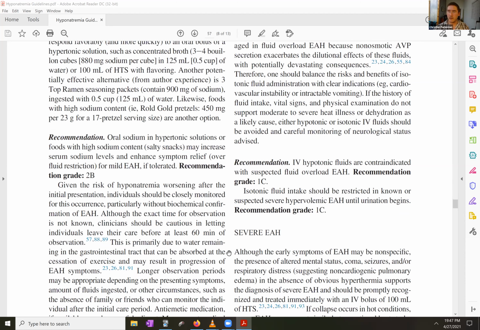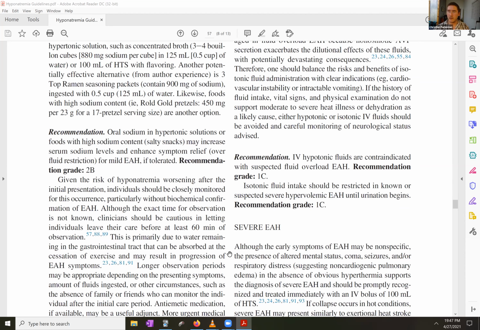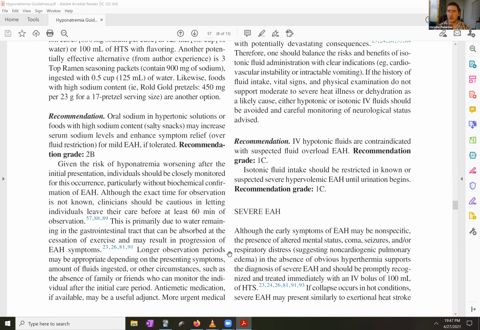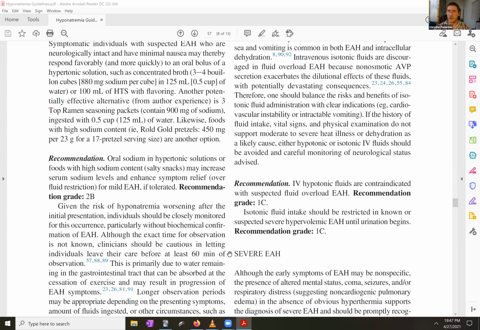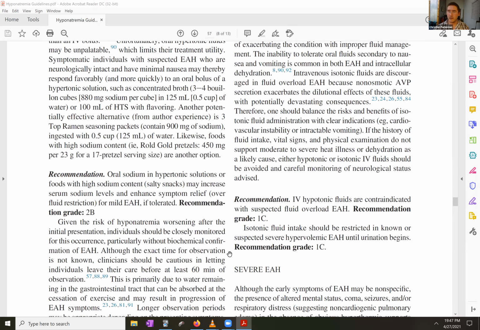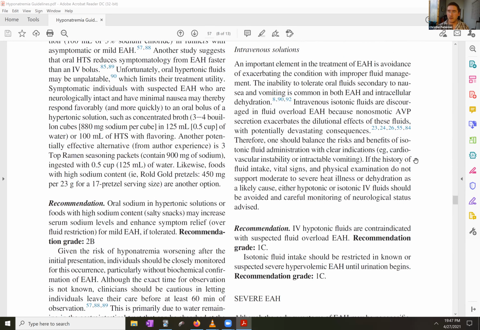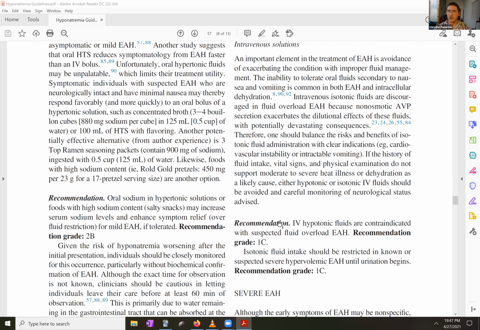As soon as they start moving again, they redistribute their hypotonic reserve, as we'll call it, and they're hyponatremic again. Intravenous solutions: cellular dehydration, isotonic fluids. IV hypotonic fluids are not going to help us. It's just not going to help at all.